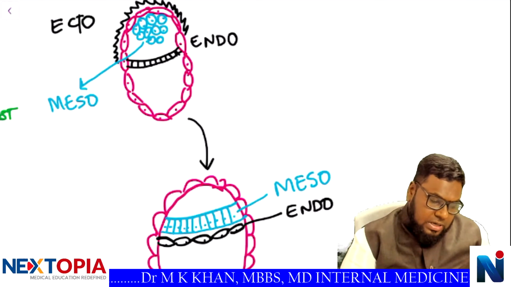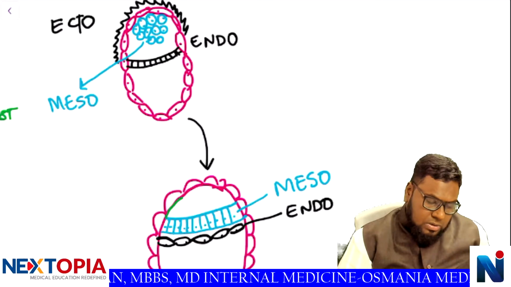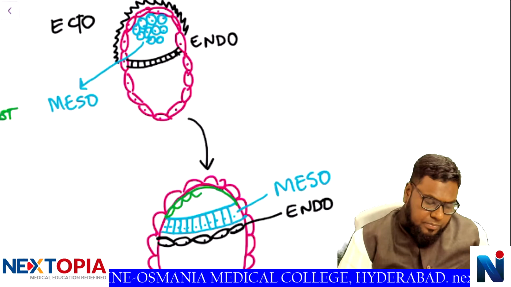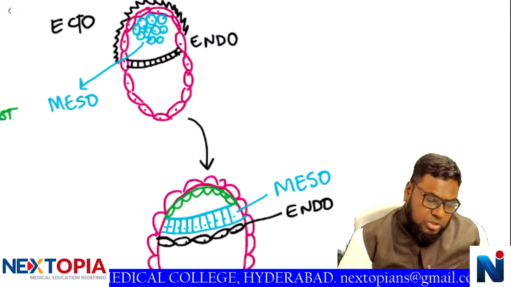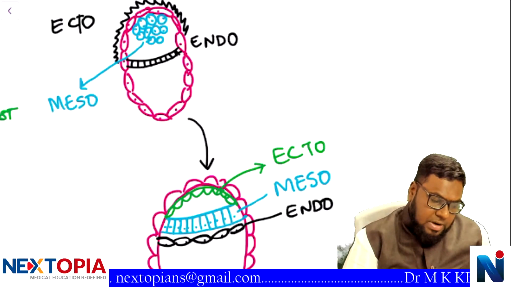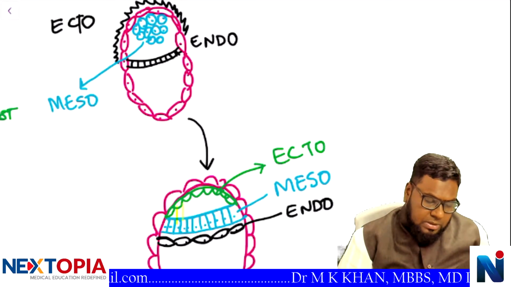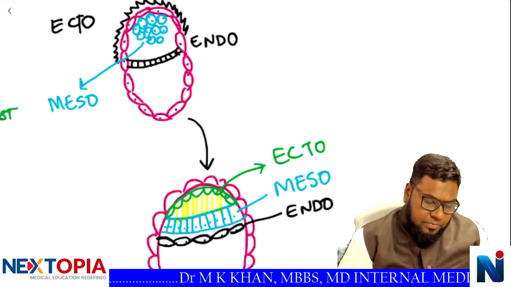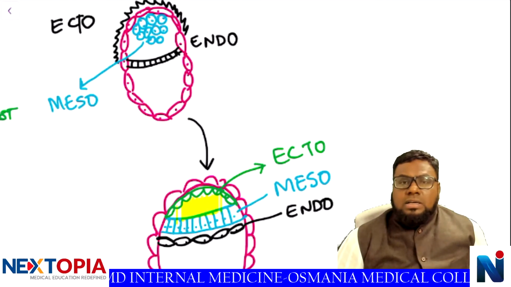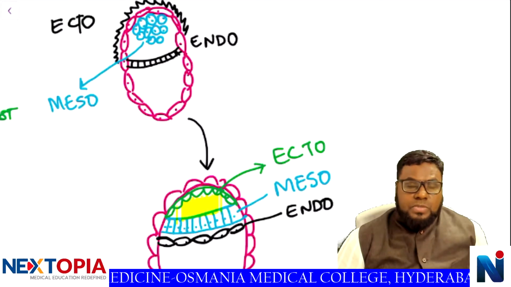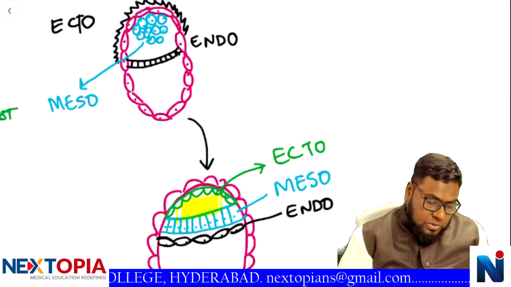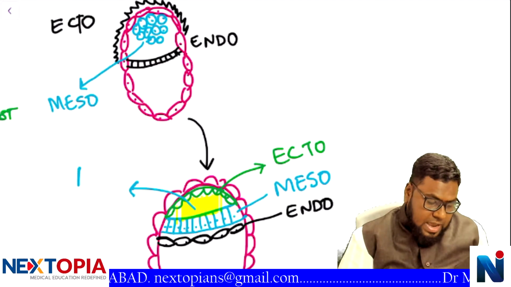And then we have got a covering here, the outermost portion of the disc, you are calling it as ectoderm. All right, in between the ectoderm and mesoderm, the yellow colored area is the amniotic cavity.